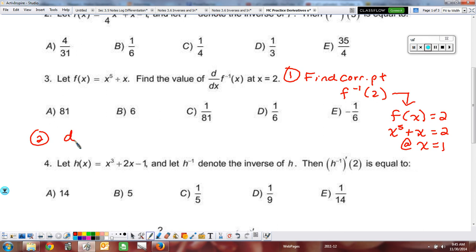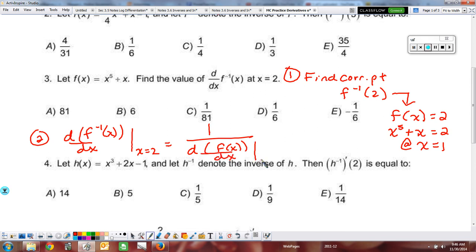I want to find the derivative of f inverse of x with respect to x. I want to evaluate that at x equal to 2. So to find that, I'm going to do the reciprocal of the derivative of f of x, and I'm going to evaluate that at x equal to the corresponding value, 1.